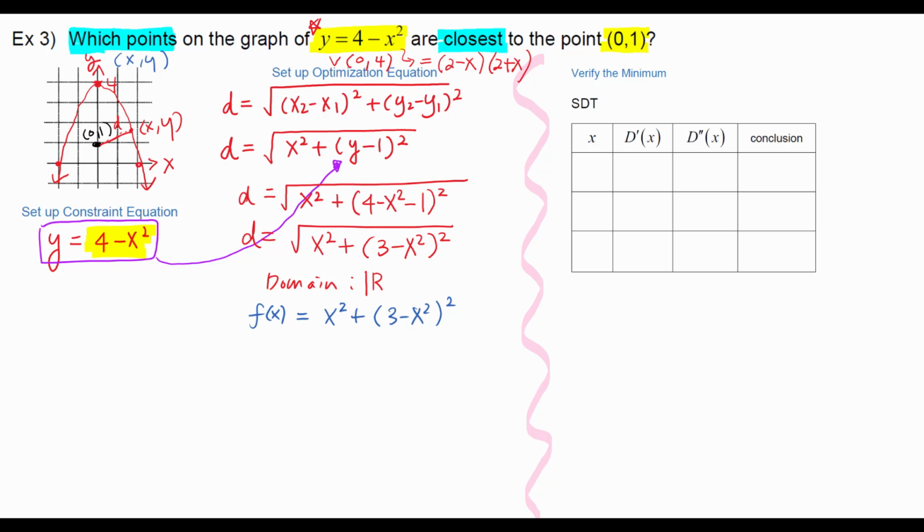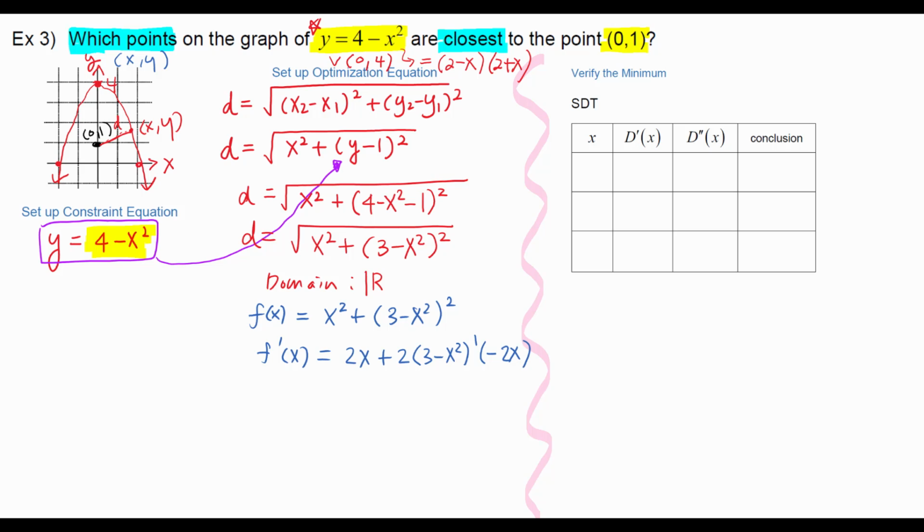So now to find the critical number, I'm going to find f prime of x. And f prime of x is 2x plus, this is a function raised to the second power, so you need to use the chain rule. The derivative of the outer function is 2 times the inner function to the first power, which we don't have to write, and then you multiply by the derivative of the inner function, which is negative 2x.